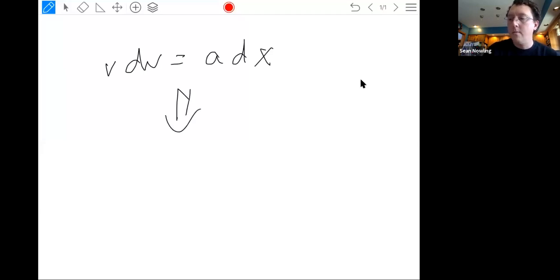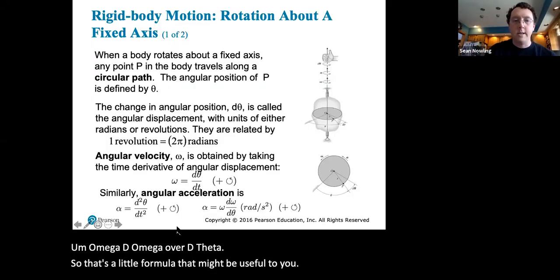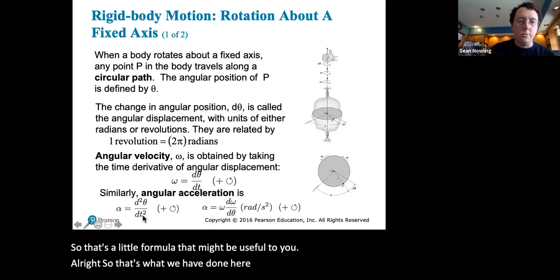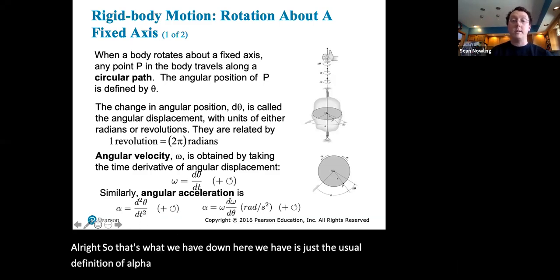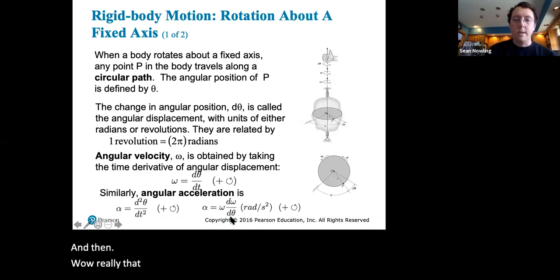Well, for rotations, we're going to have omega d omega equals alpha d theta, or a handy formula is alpha equals omega d omega over d theta. That's a formula that might be useful to you. This is the usual definition of alpha, the second derivative with respect to time, and really that comes from the chain rule.